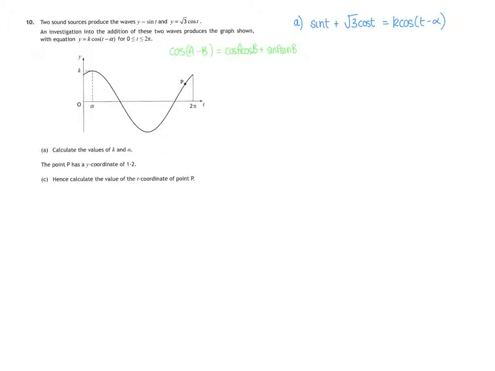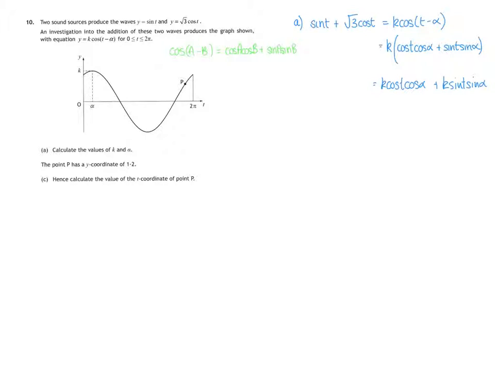So we can expand that second bit over here. We're going to have k times by the whole lot, so it's going to be cos t cos alpha plus sine t sine alpha. So we have k cos t cos alpha plus k sine t sine alpha.